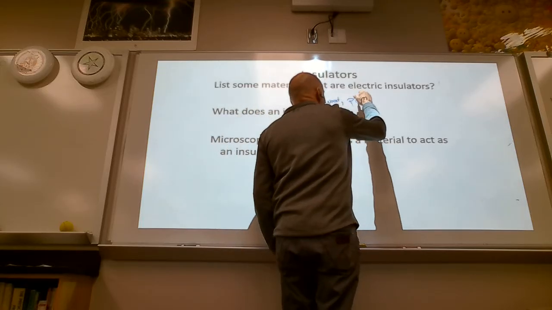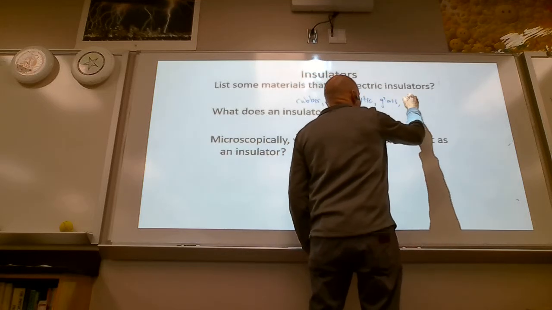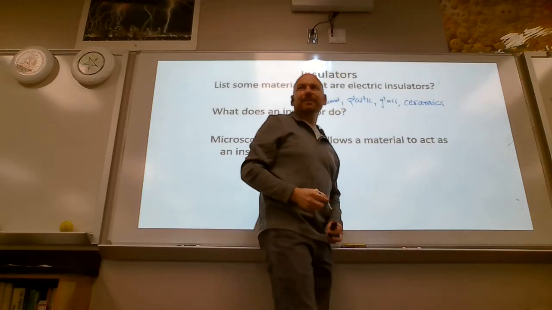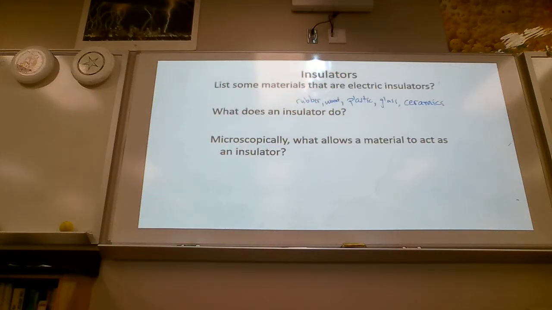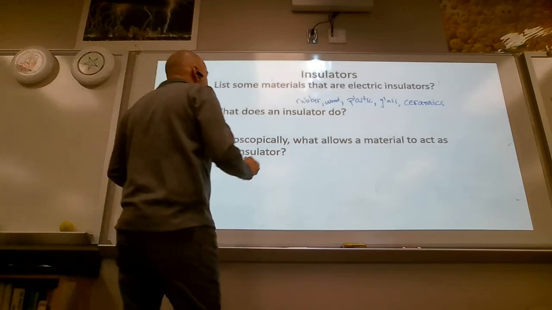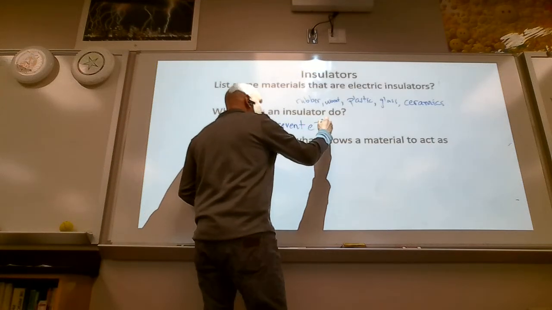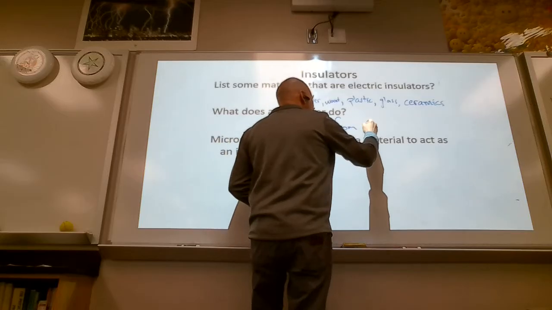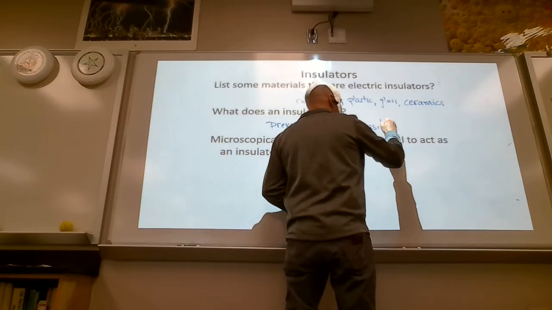Goodness, kids. Plastic. Glass. Ceramics. Okay, those are all insulators. So they prevent electrons from being easily transferred.